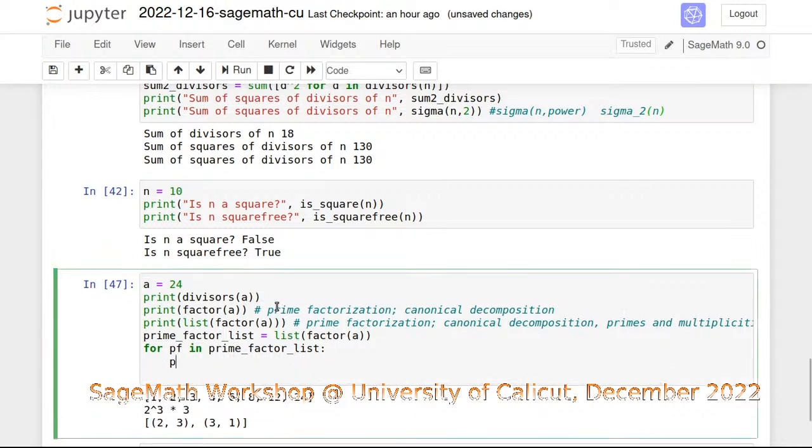So for PF, print prime PF0 appears with multiplicity PF1.